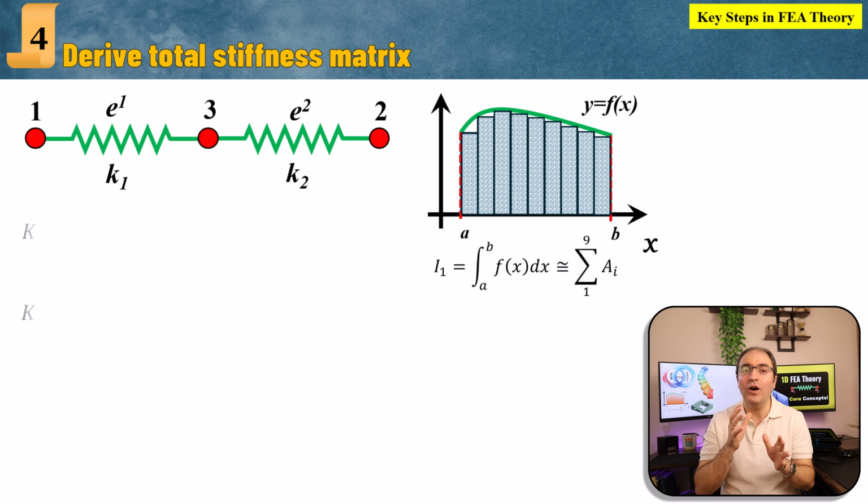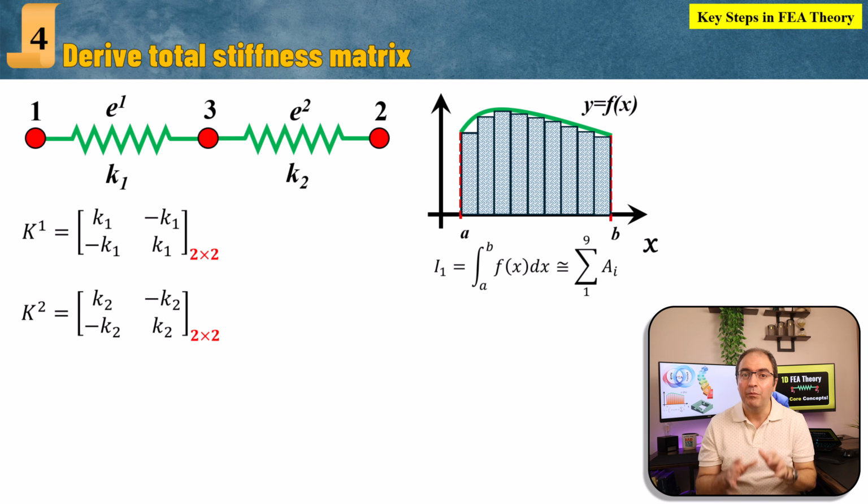Each element has its own stiffness matrix. Both are 2x2 because each spring has 2 nodes and 1 degree of freedom per node. Here I need to mention this. I say each spring has its own stiffness. But remember, that's based on physics. In physics, we say this spring has a stiffness K1. But in FEA, we have a little bit different perspective.